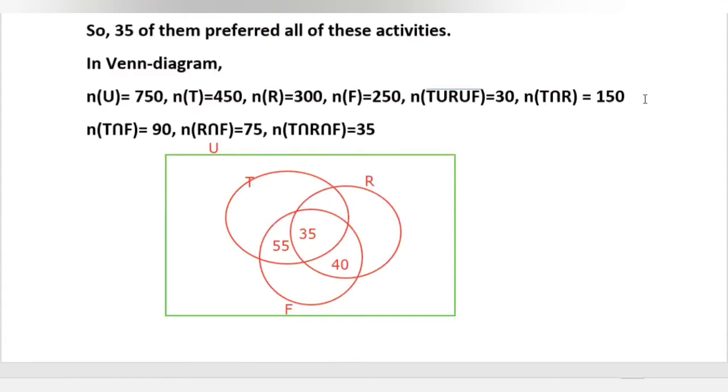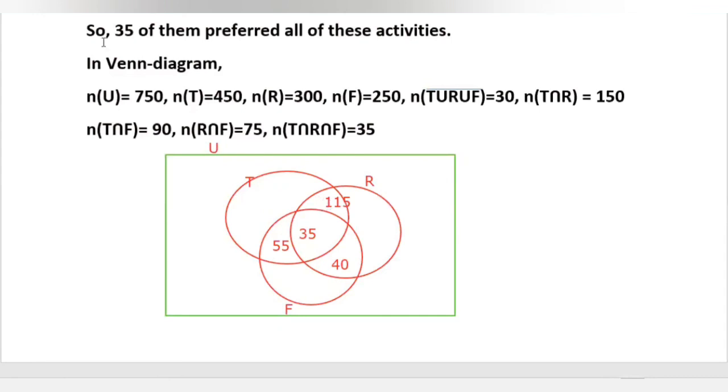N of T intersection R is 150. So how much do we need? You can do the calculation, it's a very simple calculation. 150 minus 35, simply 115. So 115 here, right?